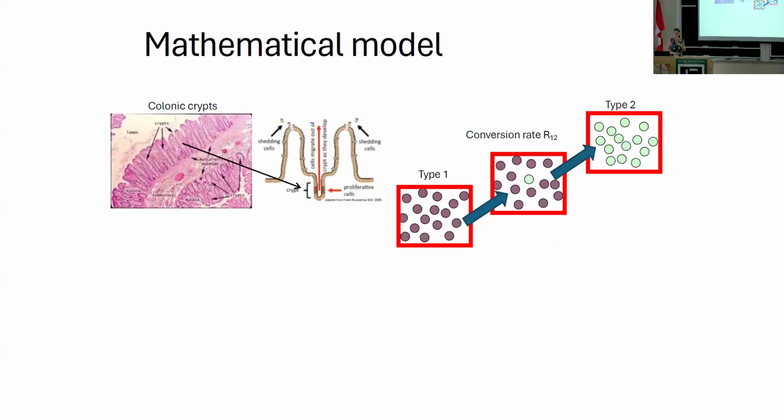So let me explain the steps. In the colon, we have to consider colonic crypts, which are small folds of tissue. They're microscopic. Each of these folds is about 10^4 cells altogether. There are 10^7 crypts per colon.